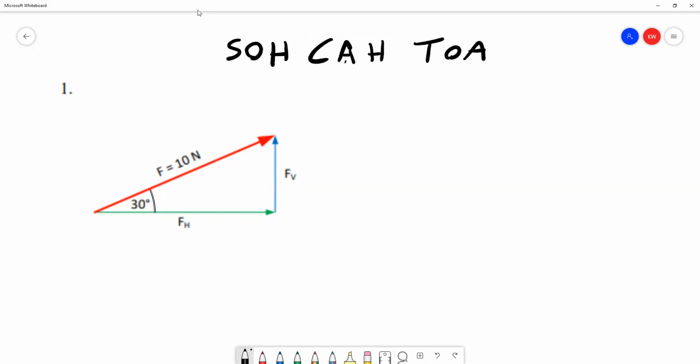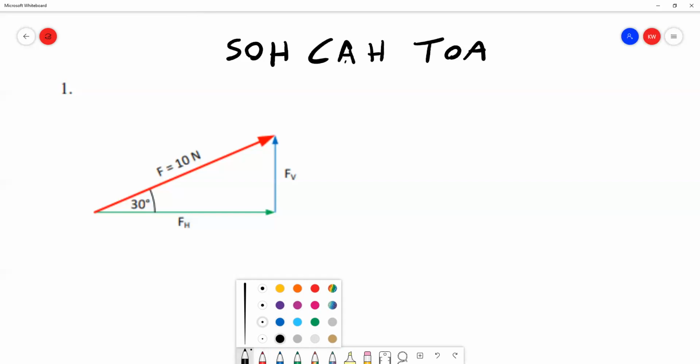Just to remind ourselves what this means: for sine, we use opposite and hypotenuse as our sides of the triangle. For cosine, we use adjacent and hypotenuse. And for the tangent, or tan, we use opposite and adjacent. In these problems, we're given the length of one of the sides, that's our 10 newtons here, and we've got to find one of the other ones.